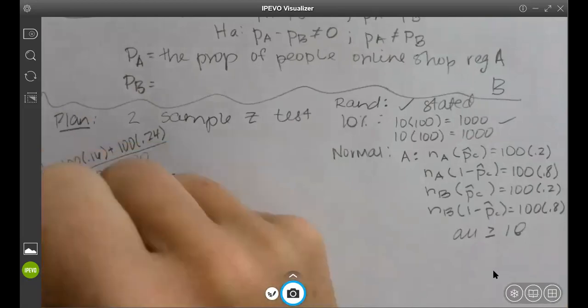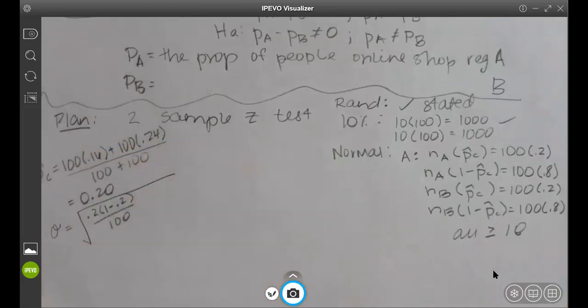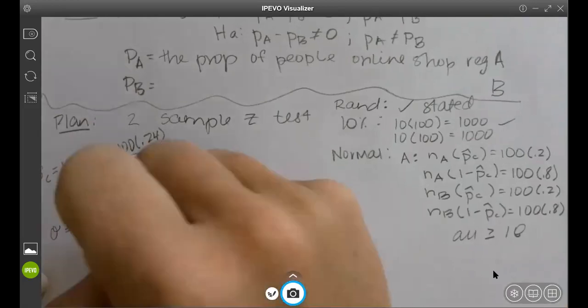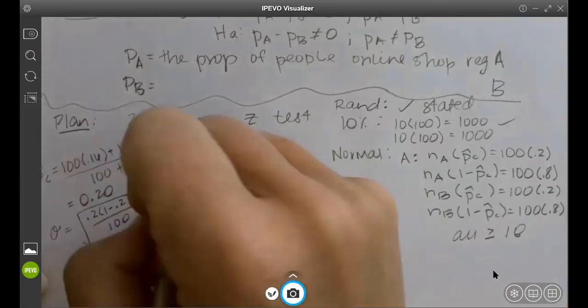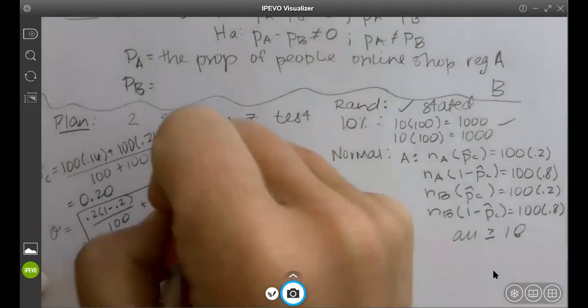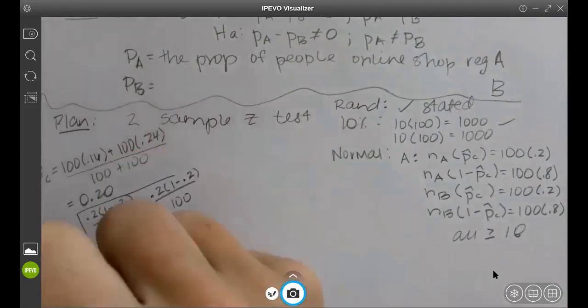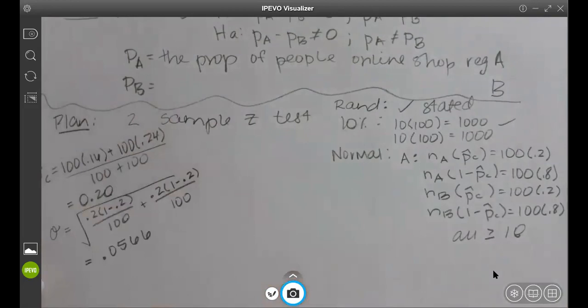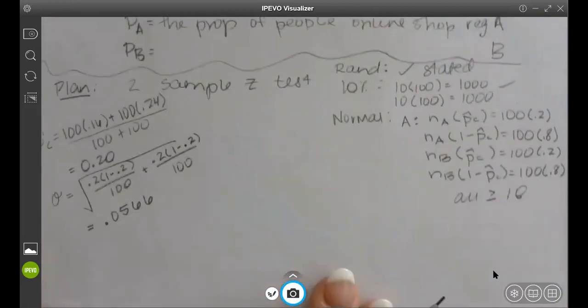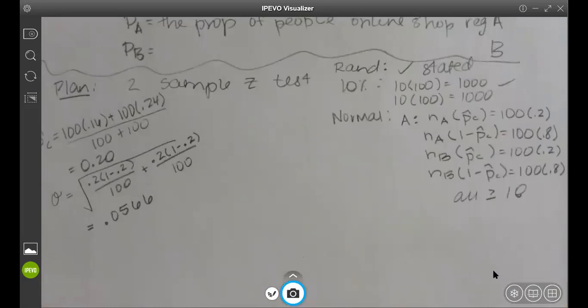Our first sample size is 100. You're going to do the same thing. And if it is a different sample size for B, then you would use the other sample size. These just happen to be the same. And we get 0.0566. And that's pretty much your plan.